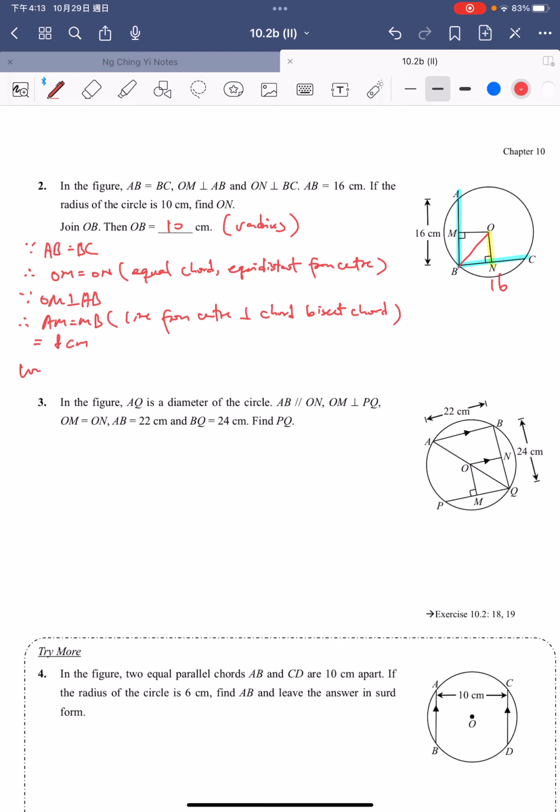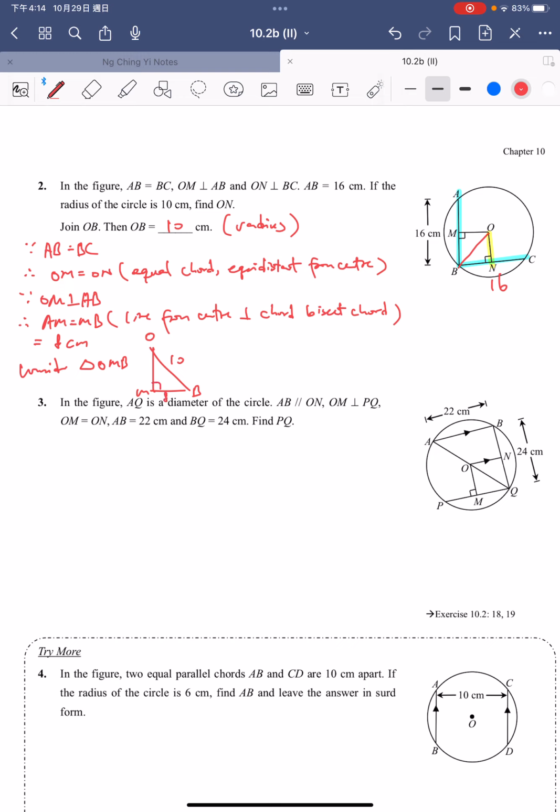So if you consider the triangle OMB, then we can draw that out. This is O, this is M, this is B. So OM is equal to something we don't know. That's the required thing. And OB is equal to 10, isn't it? The radius. And then MB is equal to 8, the half of 16.